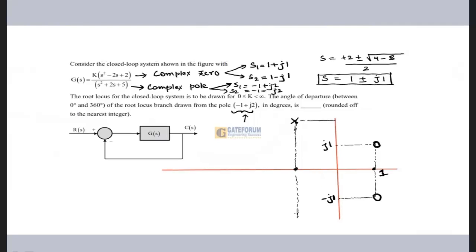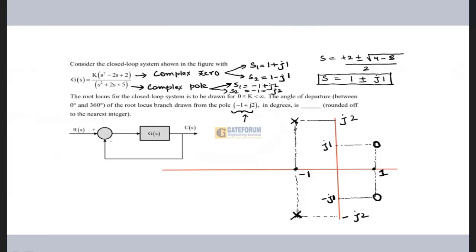So this is your complex pole, minus 1 plus j2 and minus 1 minus j2, right?